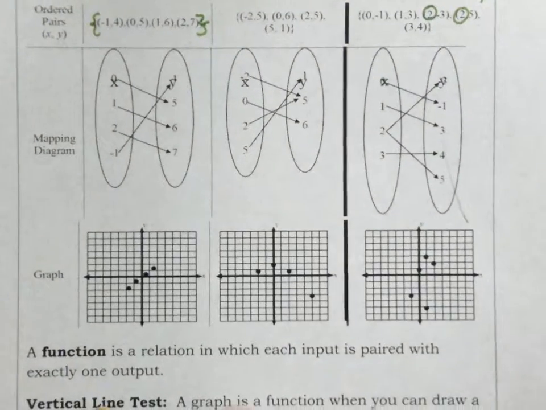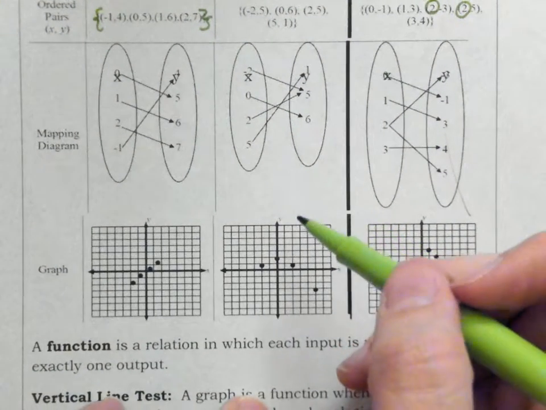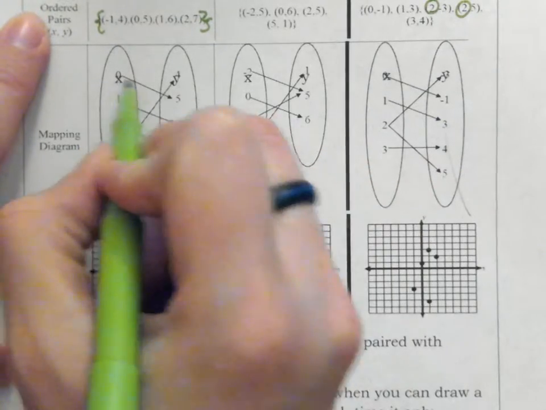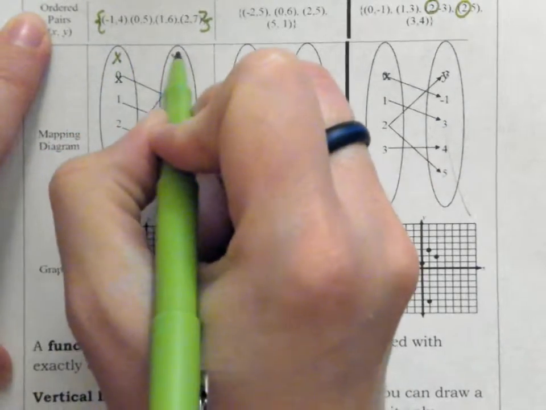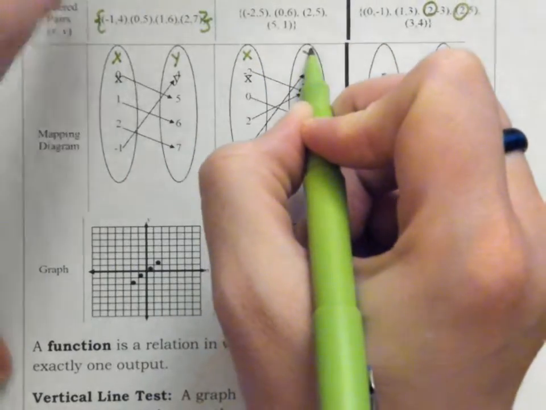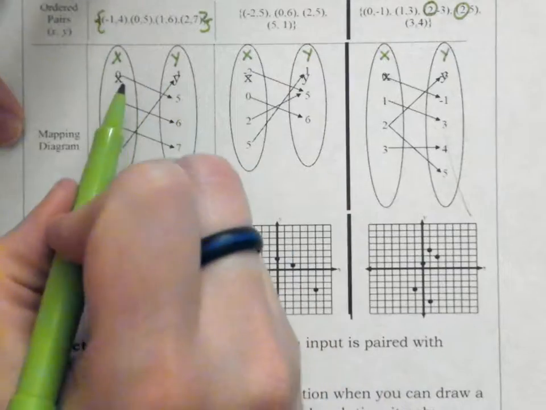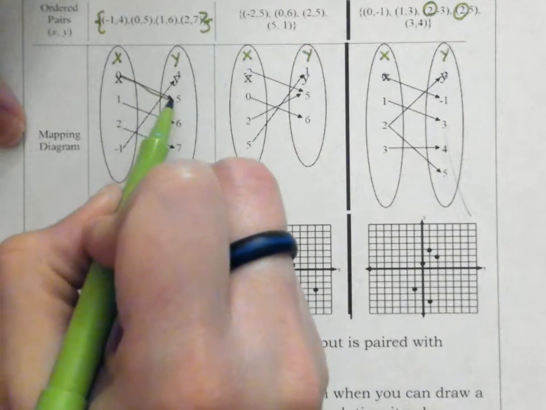This next one is a mapping. And for some reason it did not print correctly, so this x and y should be up here at the top. And we're going to talk about these numbers. So 0 goes to 5.